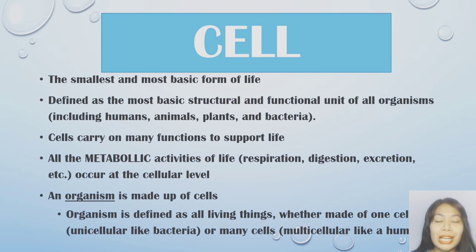All the metabolic activities of life, like respiration, digestion, excretion, etc., occur at the cellular level. So an organism is made up of cells. When we define organism, that is, all living things, whether made up of one cell, that is unicellular like bacteria, or many cells, multicellular like us humans.